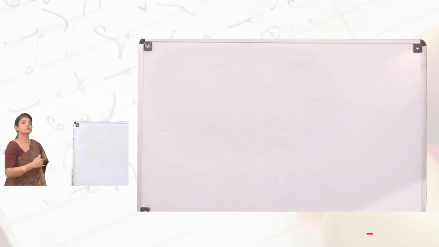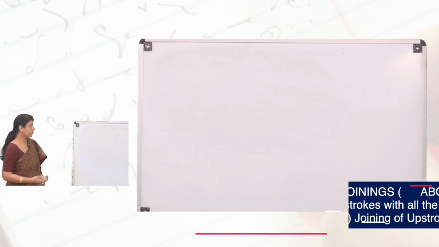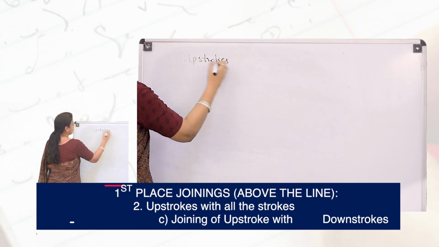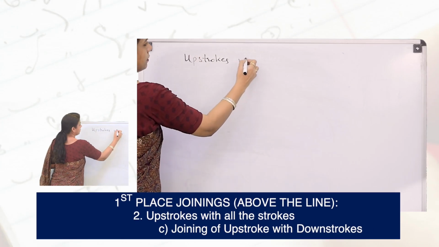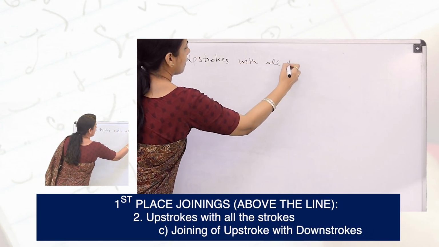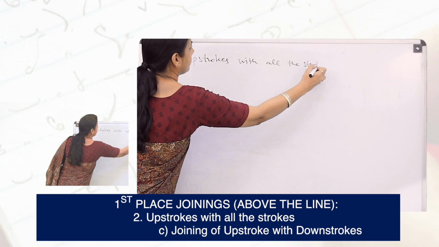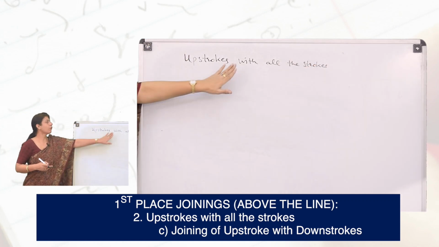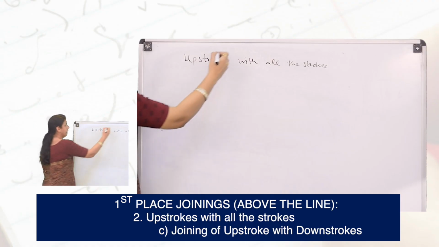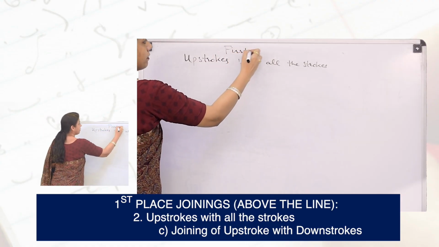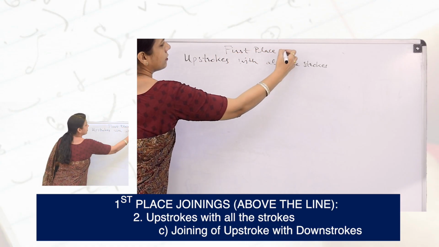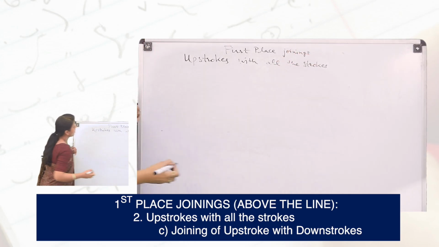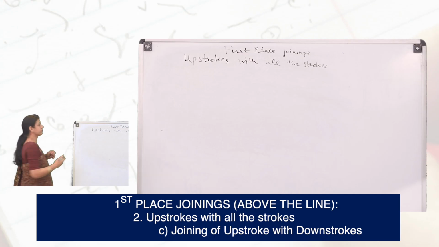Now we have done downstrokes with all under first place, and now upstrokes with all under first place. It means upstrokes with all other strokes, and we are continuing with our first place joinings, which basically mean above the line.